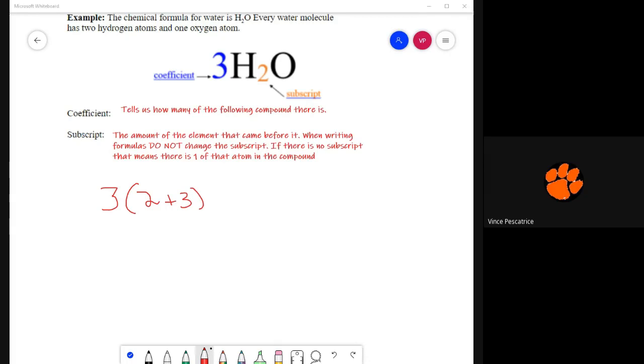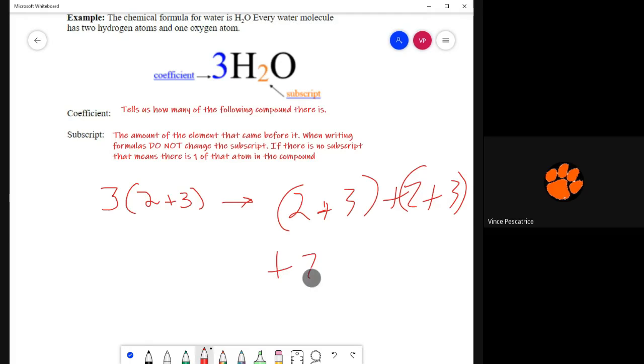This is the same thing as saying 2 plus 3 plus 2 plus 3 plus 2 plus 3.